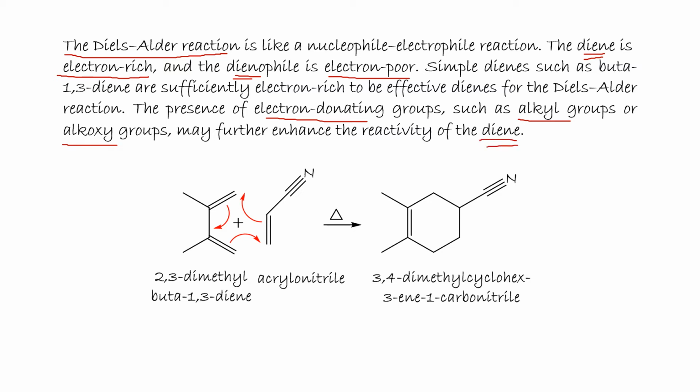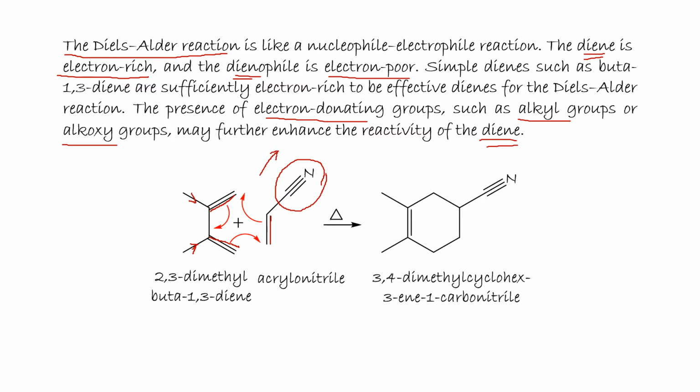So we have here a diene with alkyl groups to enrich this diene with electrons, pushing the electrons, and we have the dienophile acrylonitrile with a cyano group or nitrile group, an electron withdrawing group.